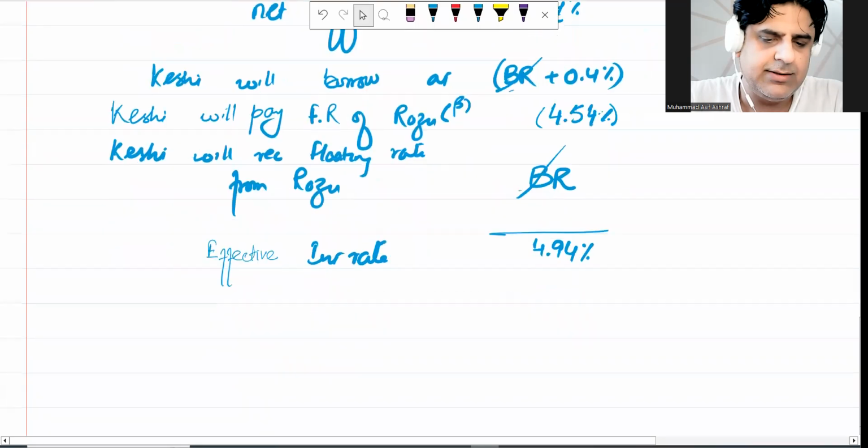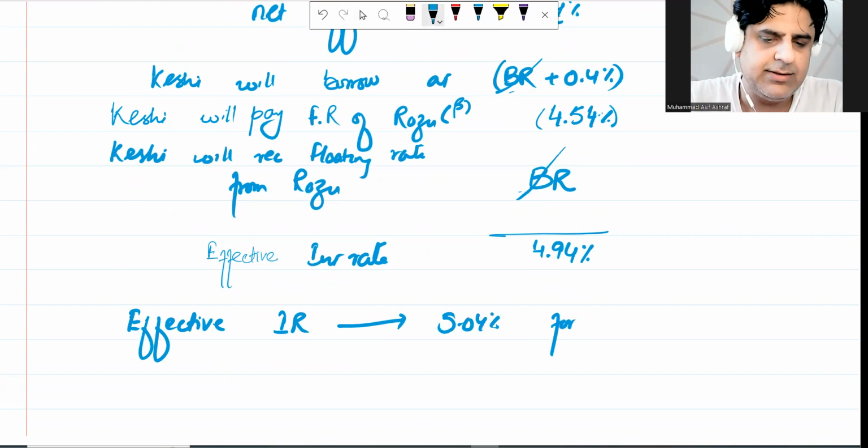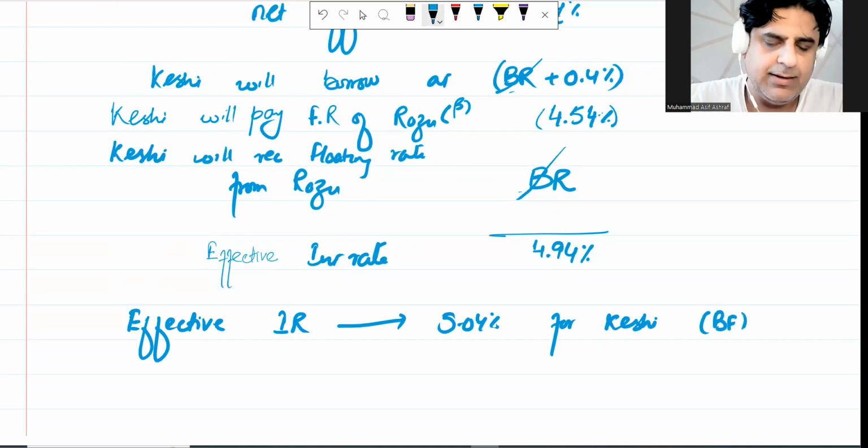So overall, if I explain it, the effective interest rate would be 5.04% for Kishi, inclusive of bank fee.